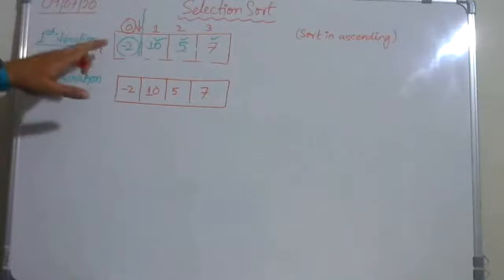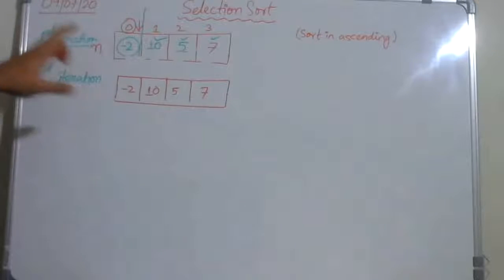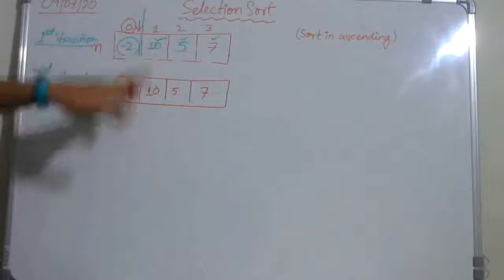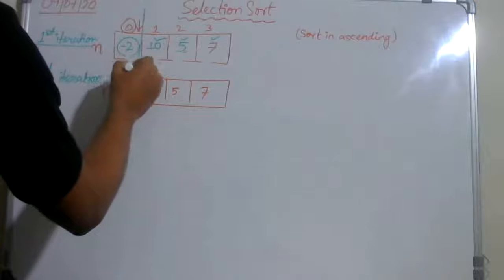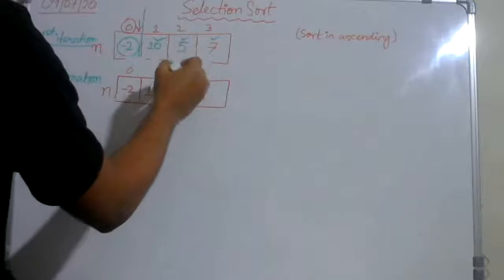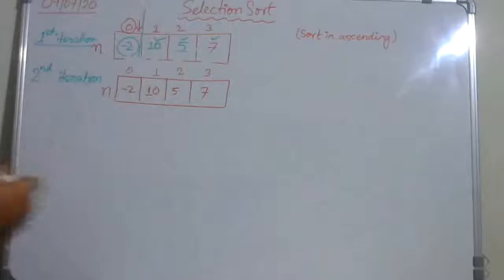So at the end of the first iteration we had these particular positions after rearrangements. So that is where the second iteration begins, with that same arrangement. So now we have these elements at these particular positions.